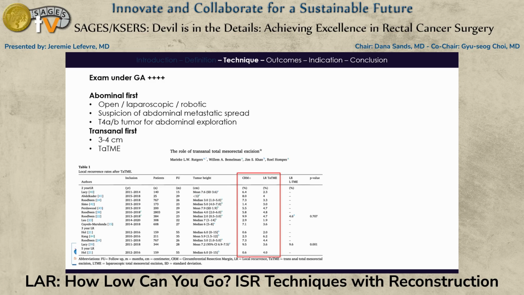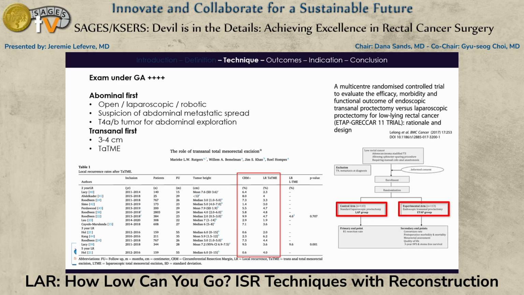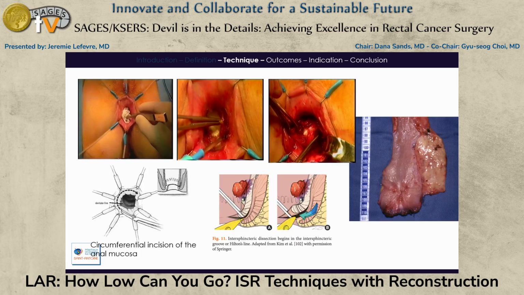As we said, we now have lots of data showing the safety of the TaTME approach, with excellent R0 resection and a very low local recurrence rate. The difference between making a 3-4 centimeter dissection or a complete TaTME will be given by the GRECCAR 11 trial, which compares these two procedures, and the result will probably be presented at the next ESCP meeting.